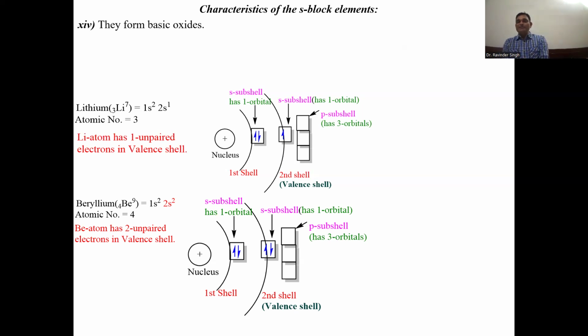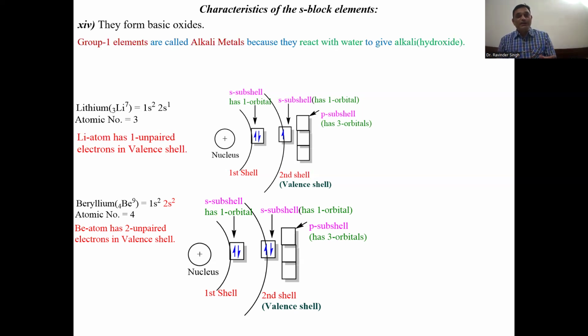And these oxides are basic in nature, because when placed in water they produce hydroxide, meaning they produce OH negative ions. According to the Arrhenius definition, any substance which gives OH negative ions in aqueous solution is called a base.